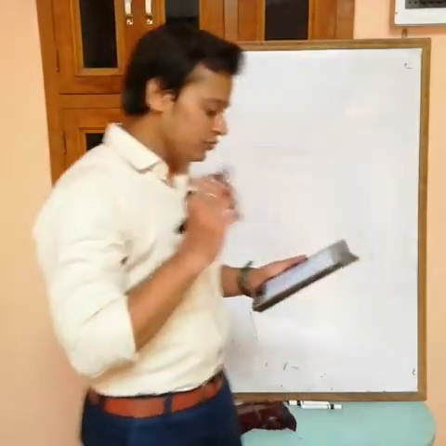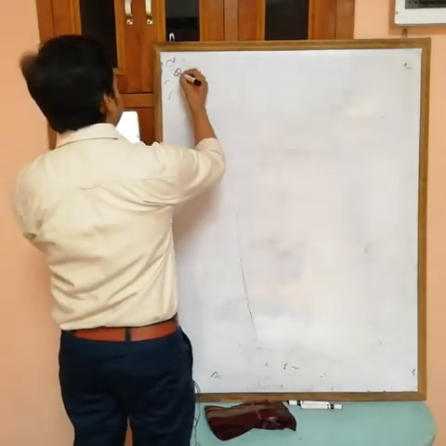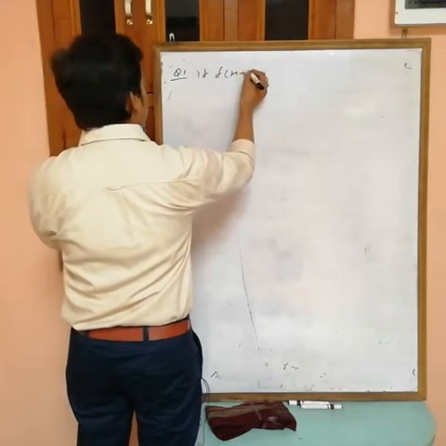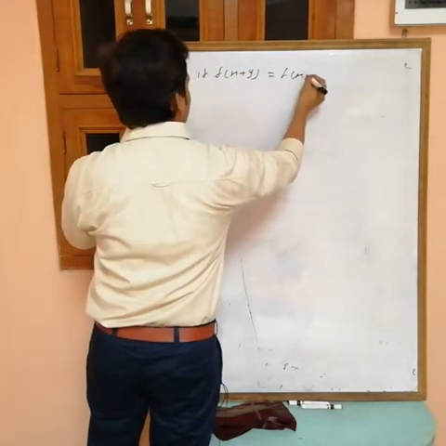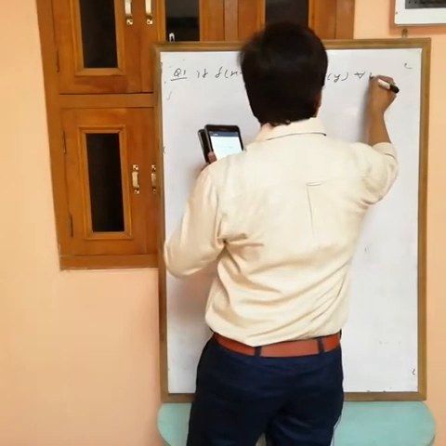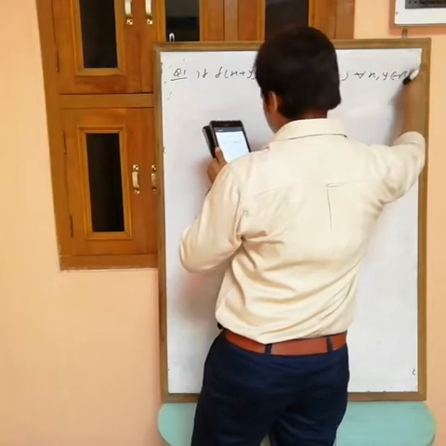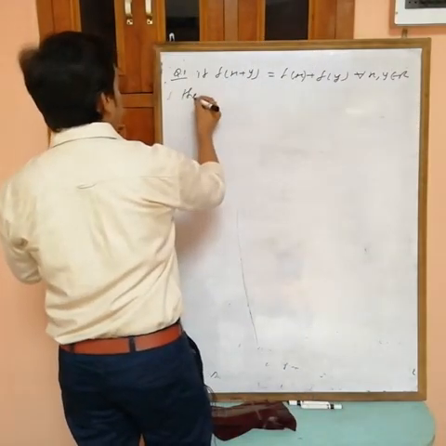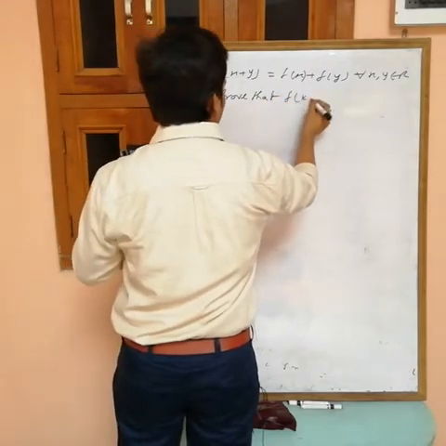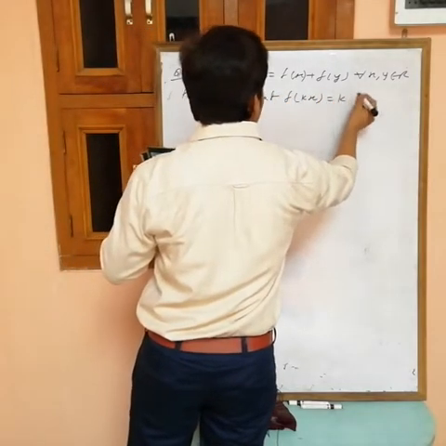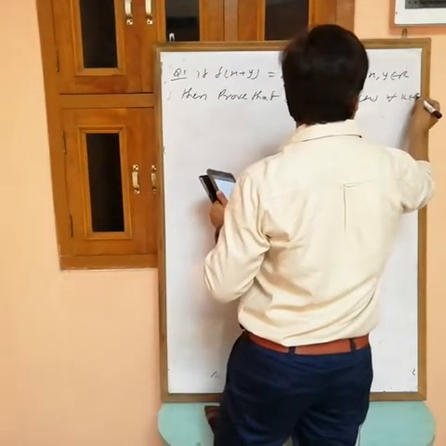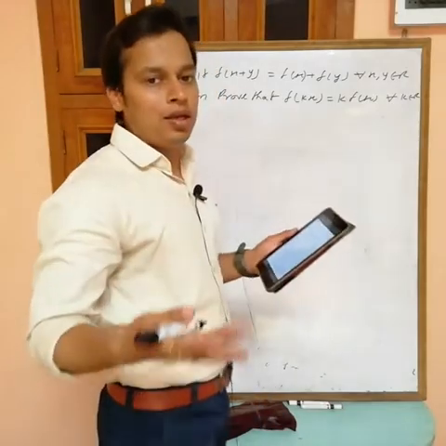Now see, write the first question. If f(x plus y) equals f(x) plus f(y) for all x, y belongs to R, then prove that f(kx) equals k into f(x) for all k belongs to R, where k is any real number.